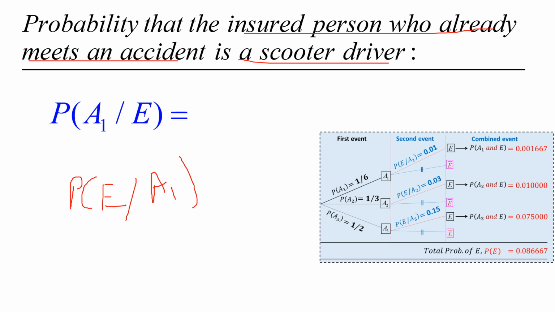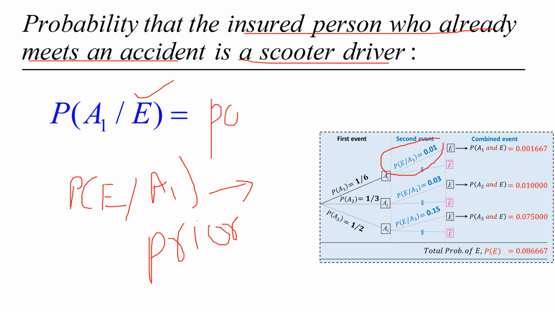Now understand. Here P(E/A1) means the chance that an accident will be made by scooter driver. This is called prior probability, right? And this is called posterior.